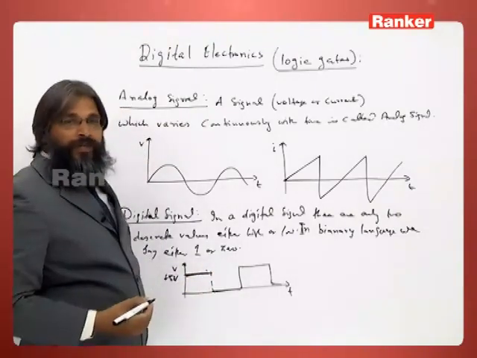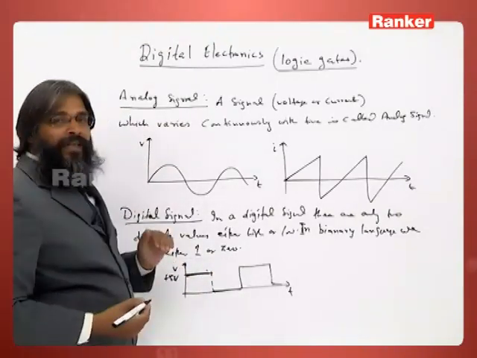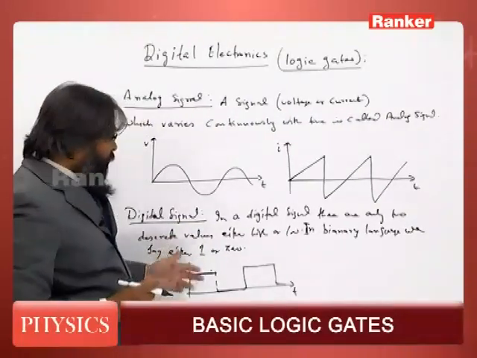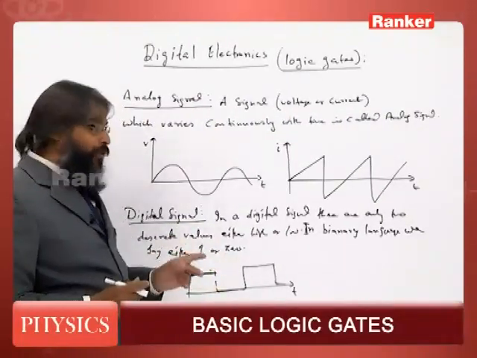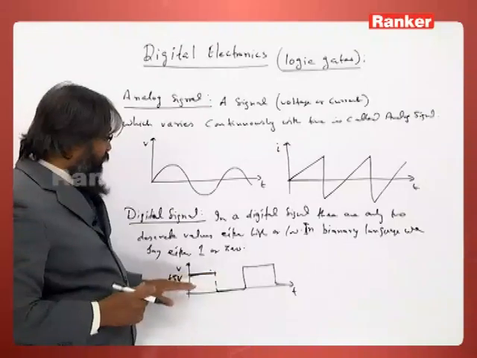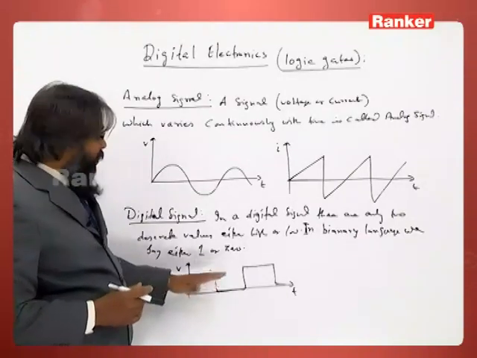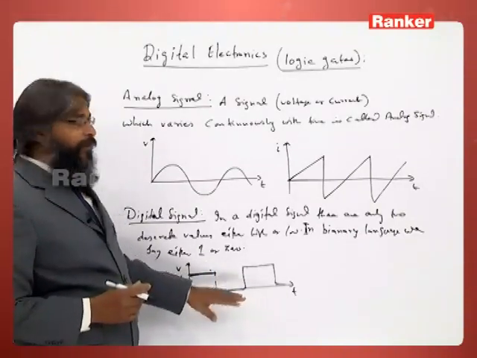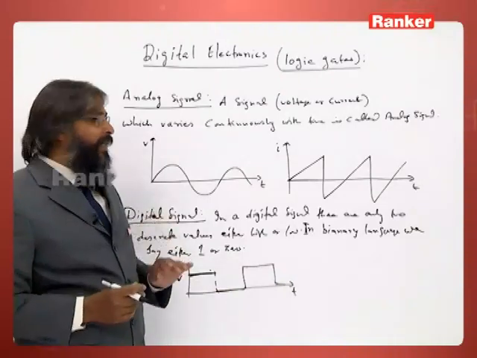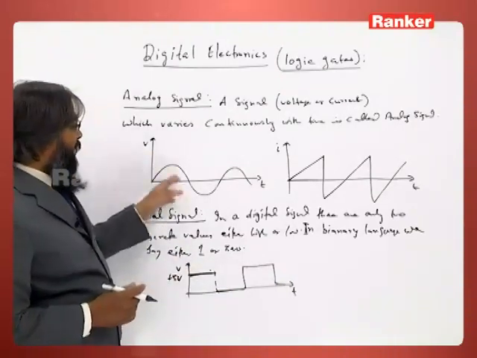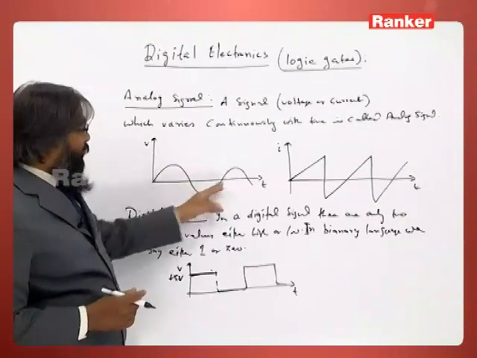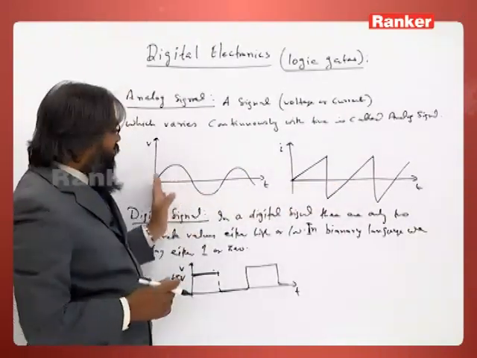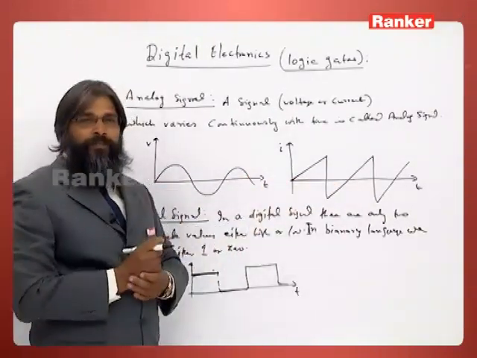This is what we call a digital signal. A digital signal will have only two discrete values, either 5 volt or 10 volt, anything we can select, or no voltage. Any two values are selected, whereas in an analog signal the voltage or current varies continuously with time.